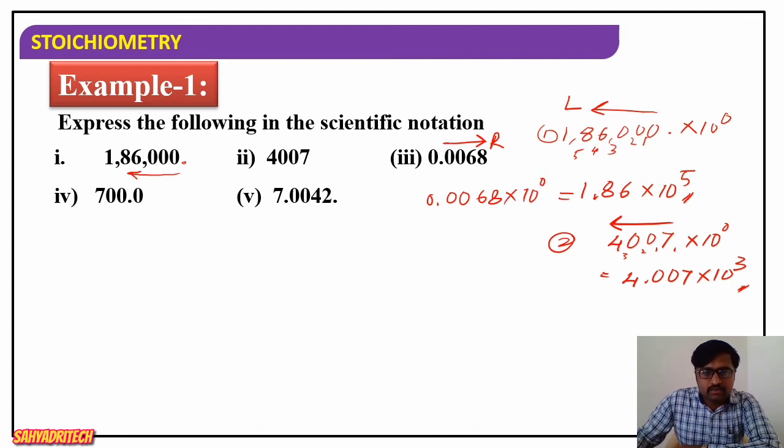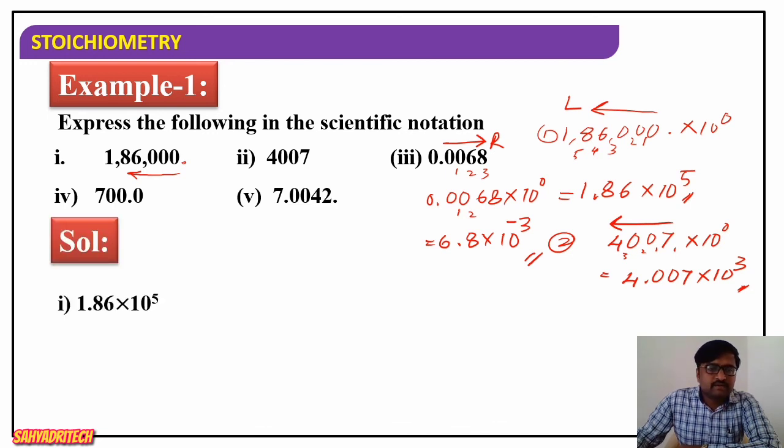How many positions do we have to move? 1, 2, 3 positions, which means it will be 6 into 10 raised to minus 3. Okay, as when you look at the solutions here: first one 1.86 into 10 raised to 5, second 4.007 into 10 raised to 3, and the third one 6 into 10 raised to minus 3.